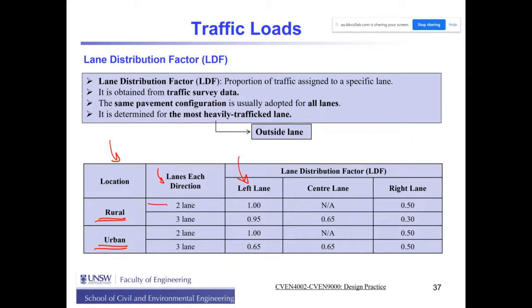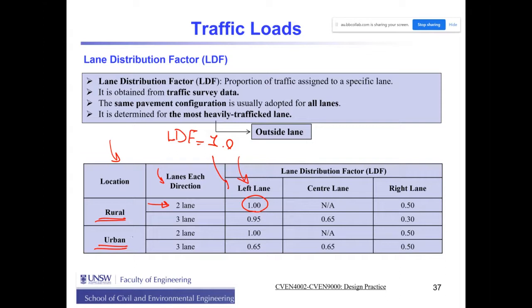For example, if you are designing a pavement for a two-lane road, then you need to give all the heavy traffic to the curb lane, right? So in that case, LDF becomes equal to 1, the lane distribution factor.